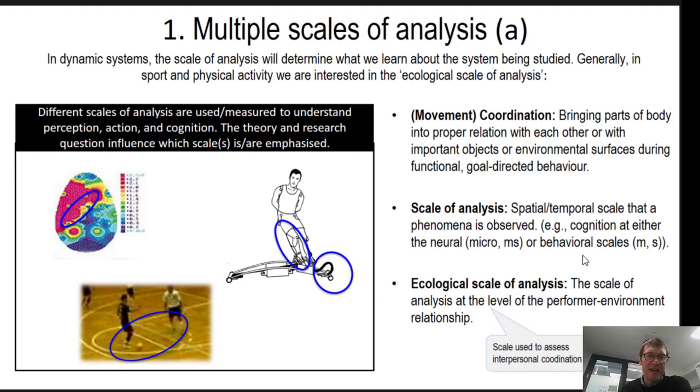For the behavioral or ecological scale of analysis, we're going to be trying to measure things in centimeters and meters, and probably in time scales of seconds or minutes. So the scale of analysis impacts your measurement system essentially.